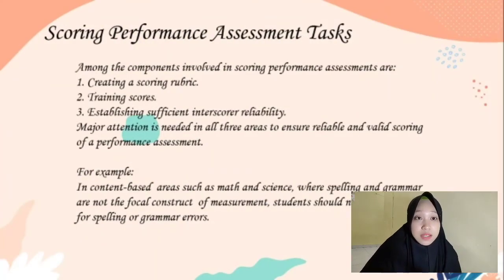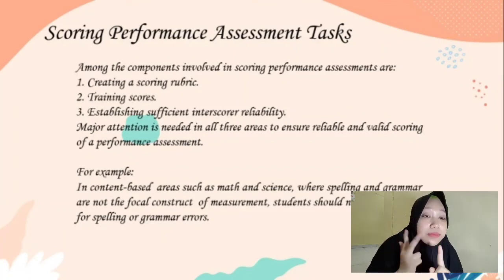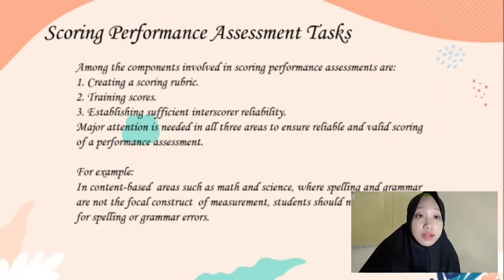Scoring performance assessment tasks. Among the scoring steps are, first, creating a scoring rubric, then training scorers, and establishing sufficient interscorer reliability. Major attention is needed in all three areas to ensure reliable and valid scoring of the performance assessment.